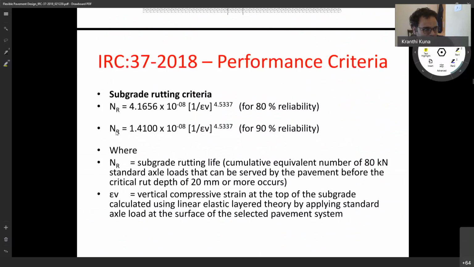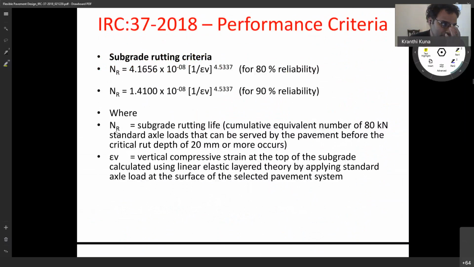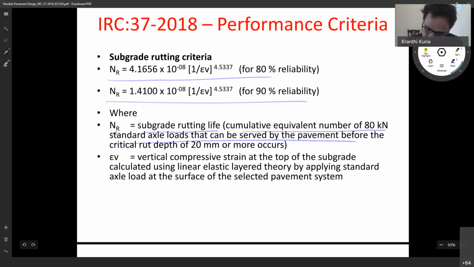So the performance criteria we discussed, the subgrade rutting criteria. I'm not discussing this part again. So NR is the subgrade rutting life, cumulative equivalent number of 80 kilonewton axles. You run the analysis for a trial pavement and you get the epsilon V at the top of the subgrade.